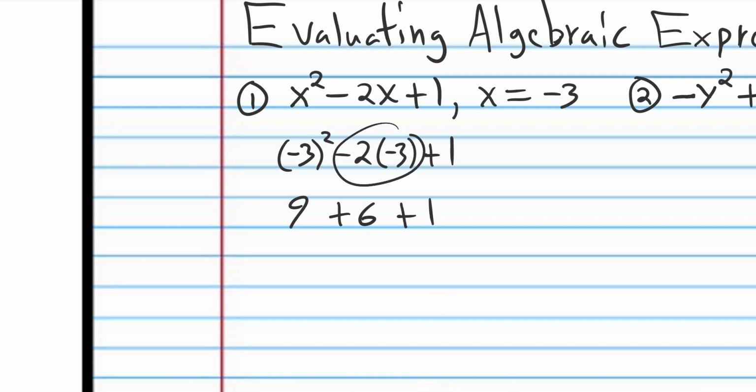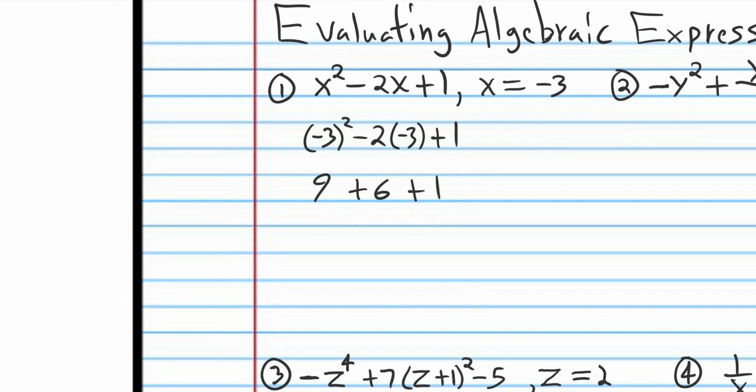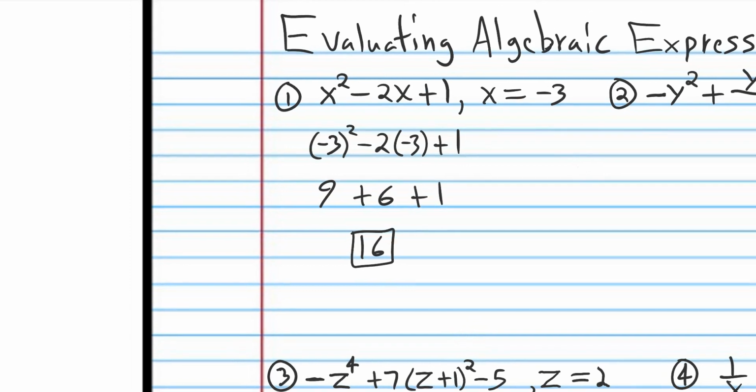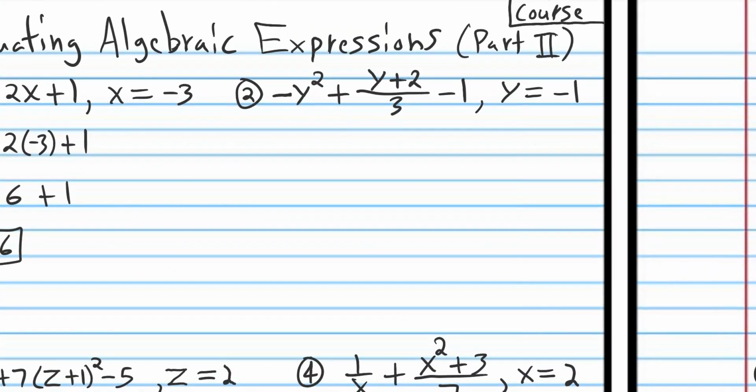And you can write this with a double negative, but it's just going to take more time. Add those up and you get 16. So that's our first answer, 16. Let me just double check that. 9 plus 6 is 15, plus 1 is 16. That looks correct. So let's try number 2.